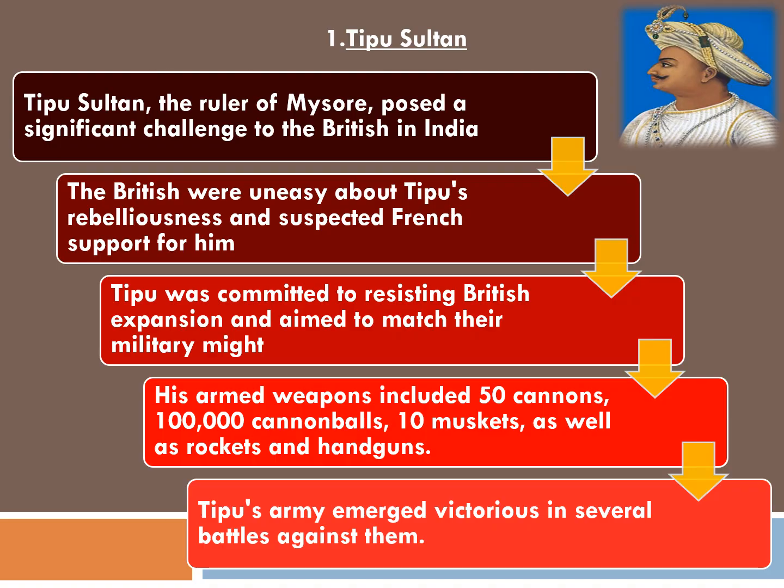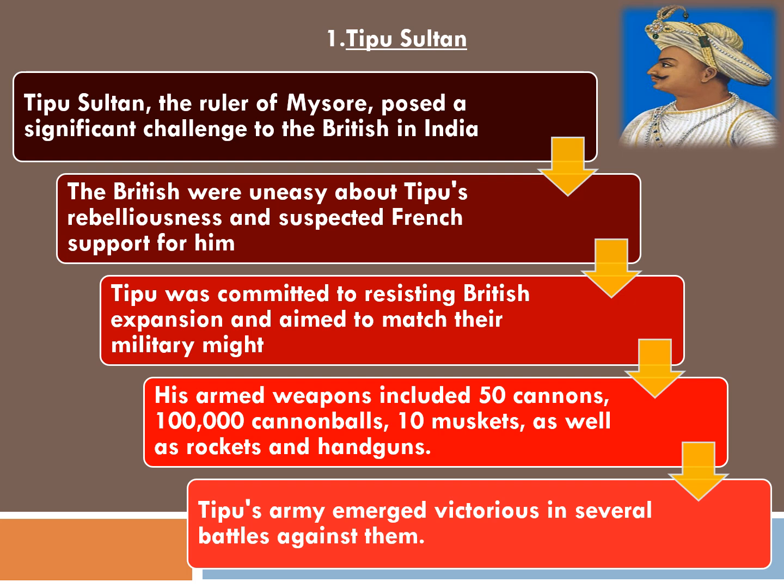He was a ruler of Mysore and posed a significant challenge to the British in India. The British were uneasy about Tipu's defiance and suspected the French supported him because he had modern weapons like the British. Tipu was committed to resisting British expansion and aimed to match their military might.